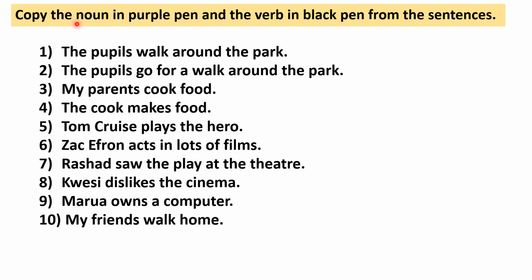So, firstly, I'm going to look at the nouns and I need my purple pen for that. So, let me get my purple pen. So, I know that nouns are names for things. So, the pupils walk around the park. Pupils is a noun. It's a common noun.